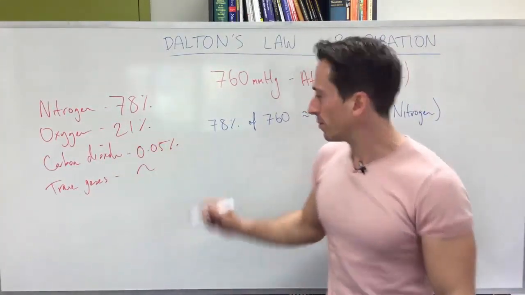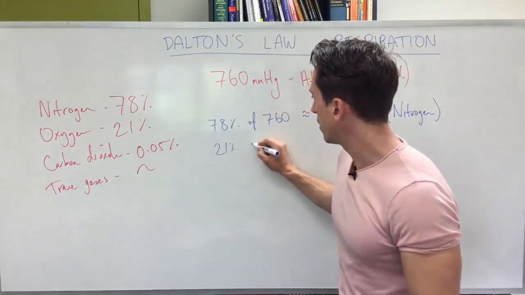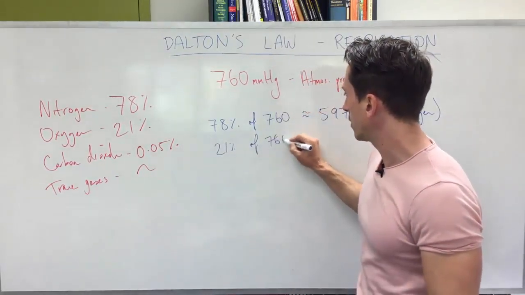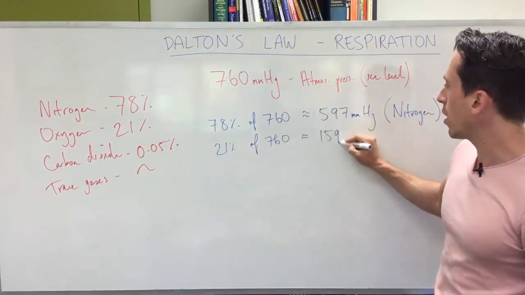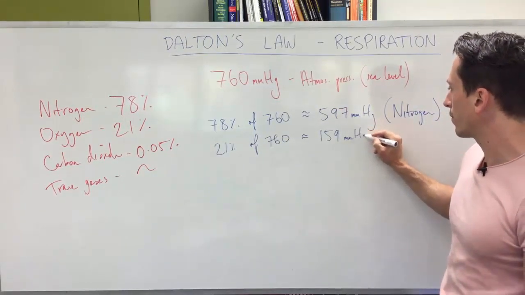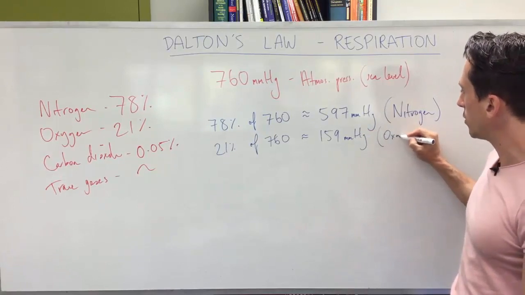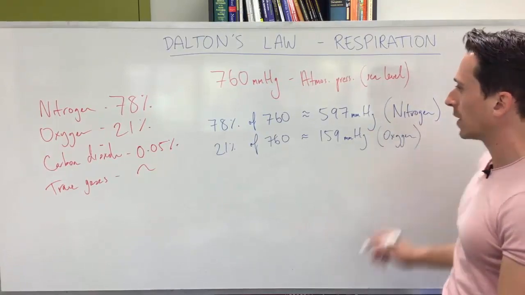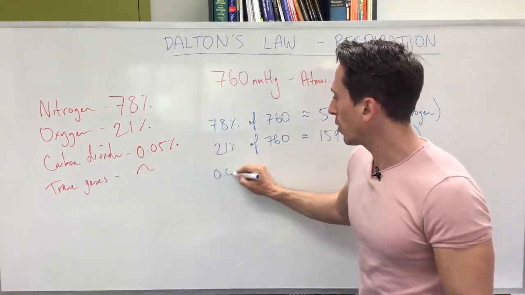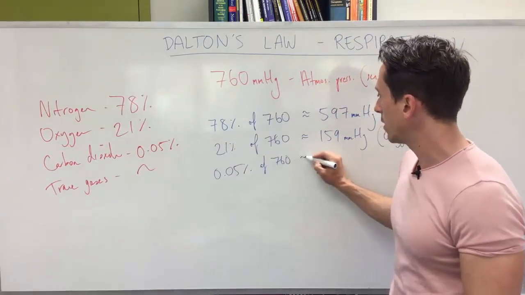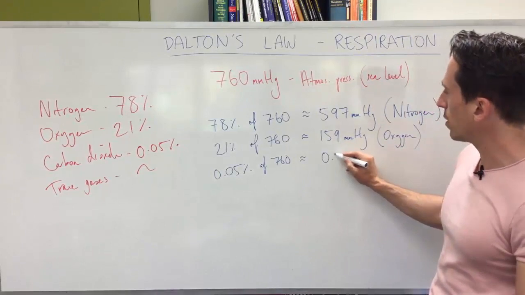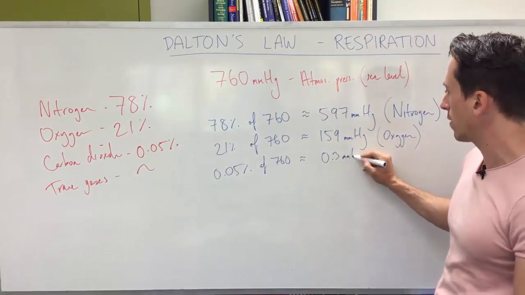If we look at oxygen, well, that's 21% of 760, and that equals around about 159 millimeters of mercury. And like I said, that's for oxygen. Carbon dioxide, 0.05% of 760 is approximately 0.3 millimeters of mercury.